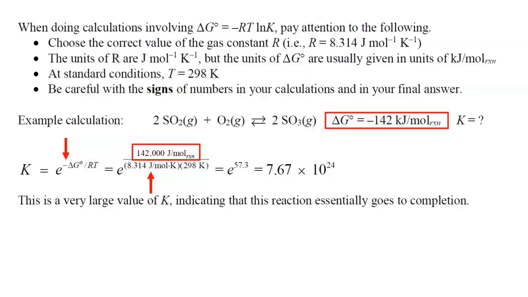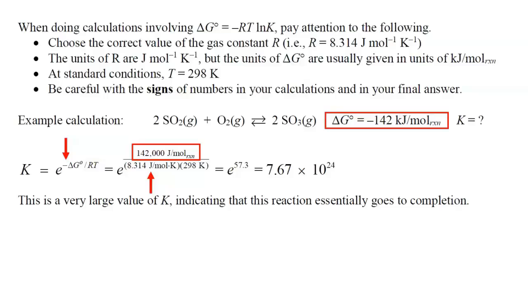And on the bottom, I have the ideal gas constant, the proper one that I'm supposed to use with this equation, so 8.314, and I have joules per mole Kelvin. I multiplied by 298 Kelvin because that's the temperature at standard conditions. So the ratio, when done properly with the proper units, is 142,000 divided by 8.314, also divided by 298, and that ratio is equal to 57.3.